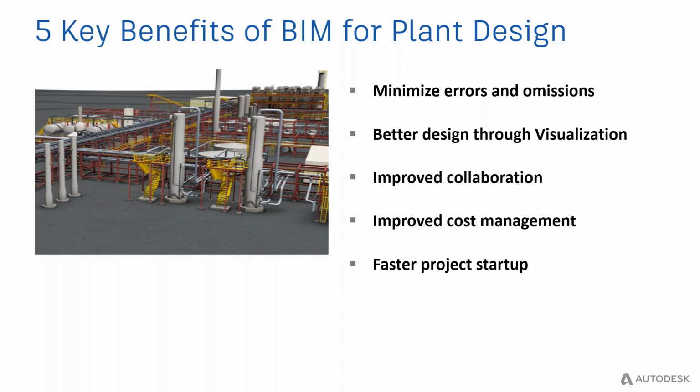So start using BIM for your plant design projects, which will help you reduce the errors or detailed changes which happen on your project. The second piece is that BIM allows you to do a greater design and visualization check, and so you have a better design through the visualization processes.